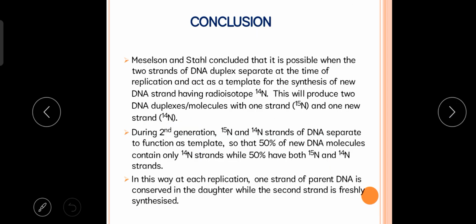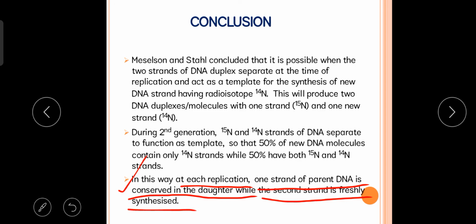Okay, so in the third generation the number of hybrid DNA molecules decreases and the number of light DNA molecules increases. So in this way, at each replication, one strand of the parent DNA is conserved in the daughter while the second strand is freshly synthesized.